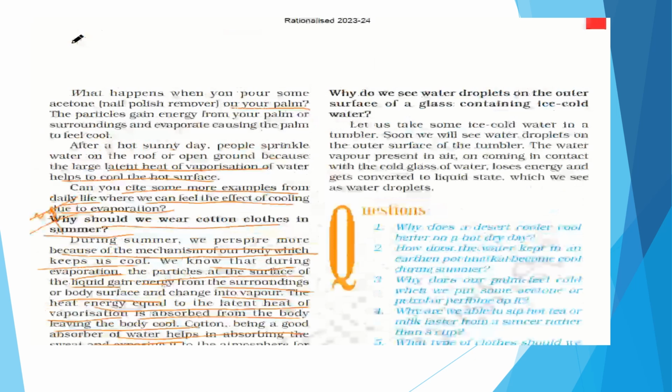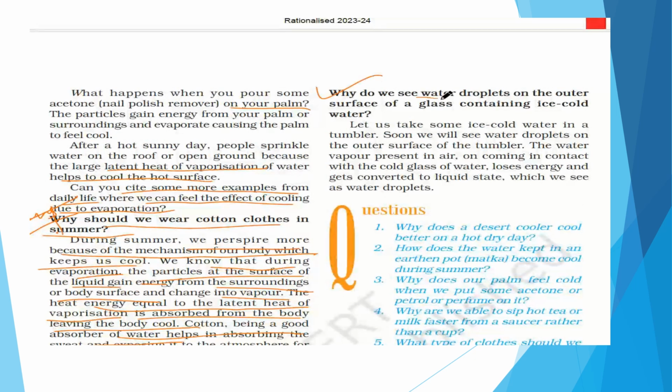Let us see what is there. Why do we see water droplets on the outer surface of a glass containing ice cold water? Let us take some ice cold water in a tumbler or a glass. We will soon see water droplets on the outer surface of the tumbler. Why? The water vapor present in the air, on coming in contact with the cold glass of water, loses energy and gets converted to liquid.